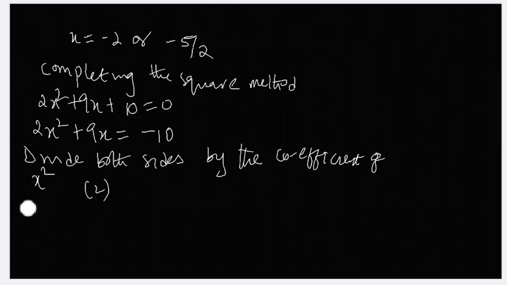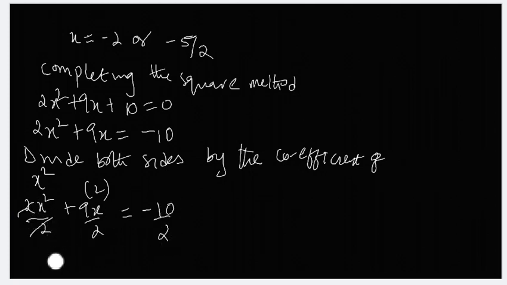So 2x squared divided by 2 plus 9x divided by 2 is equal to minus 10 divided by 2. 2 cancels out. You have x squared plus 9x divided by 2 is equal to minus 5.